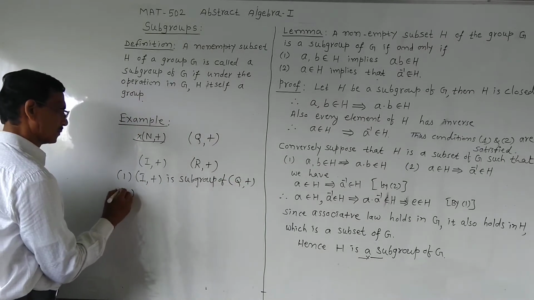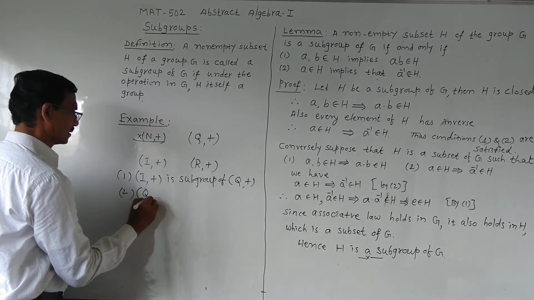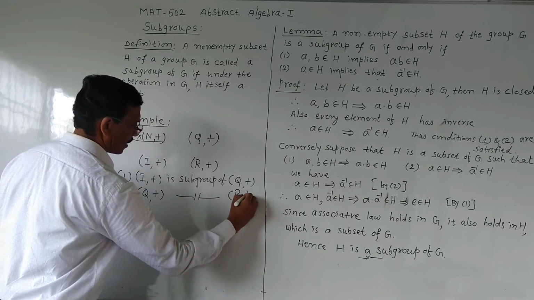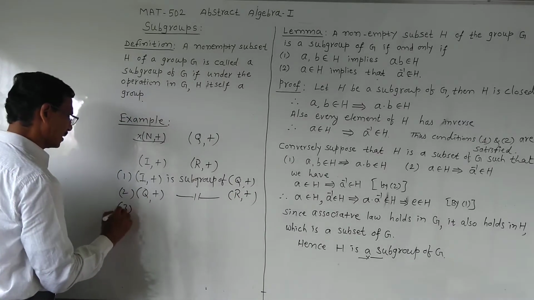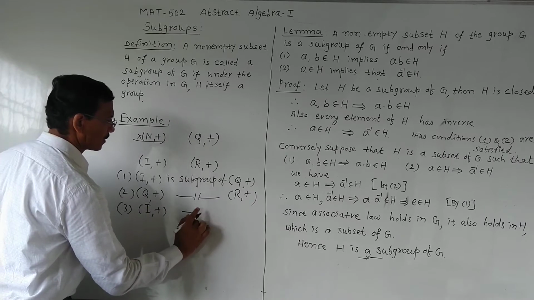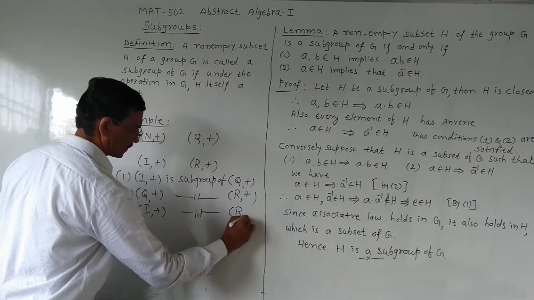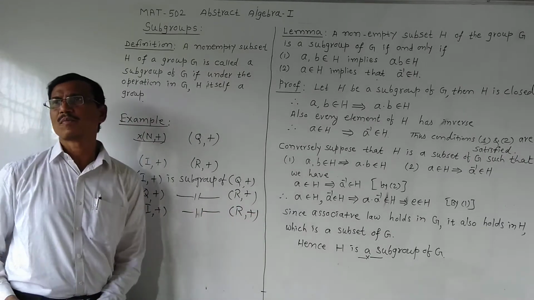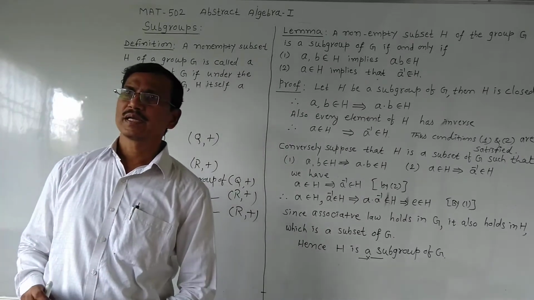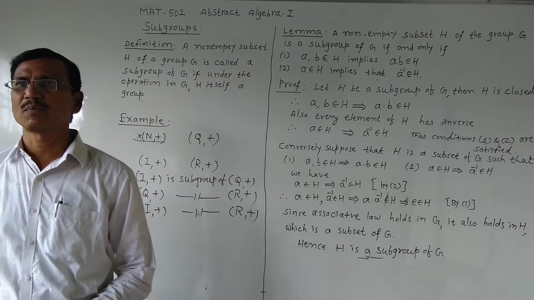Similarly, (Q, +) is a subgroup of (R, +), or also we can write (I, +) is a subgroup of (R, +). Same is true for the multiplication binary operation. We know that the set of non-zero rational numbers is a group with respect to multiplication.